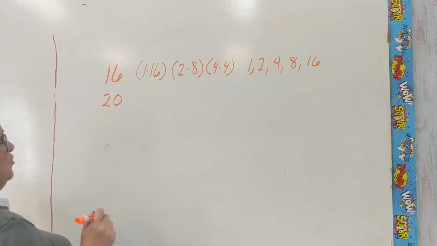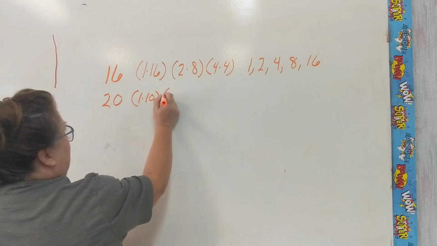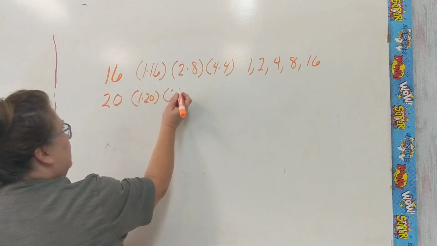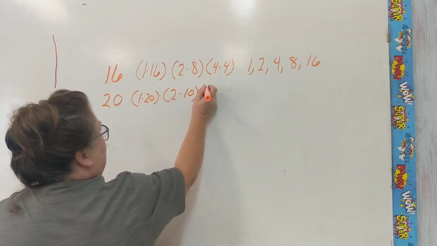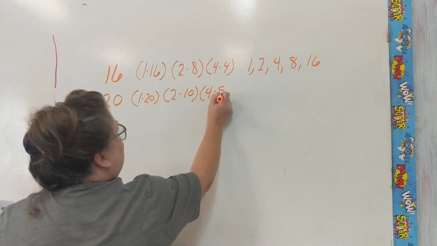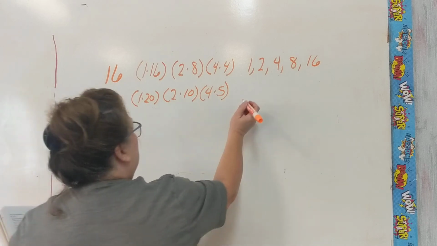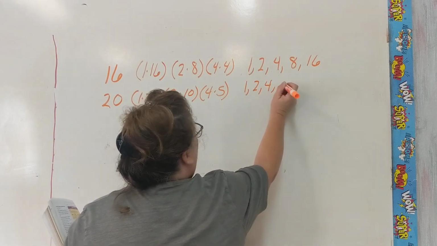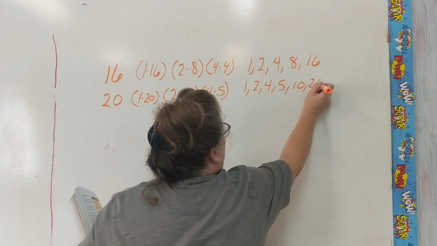Factor pairs for 20, we have 1 times 20, I'm sorry guys, I was trying to figure out what was wrong there, 2 times 10, and 4 times 5. Those are our factor pairs for 20. So our factors for 20 are 1, 2, 4, 5, 10, and 20.